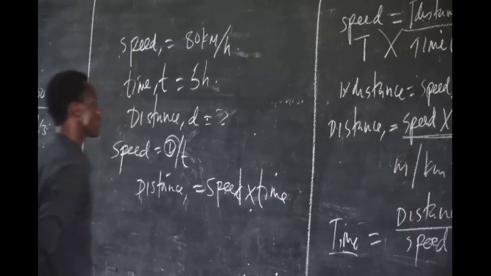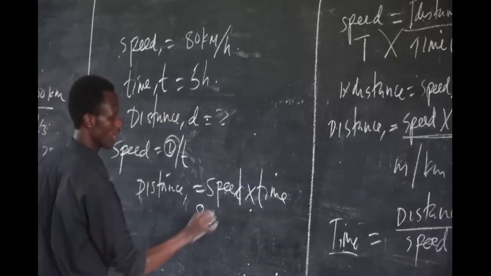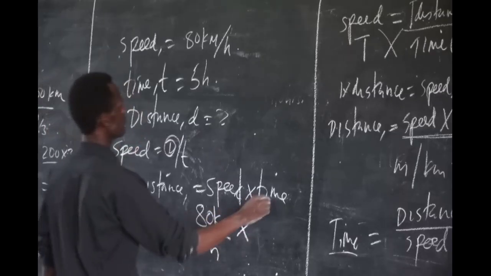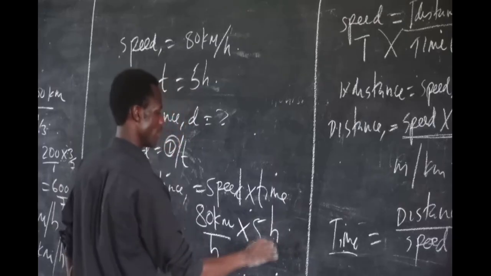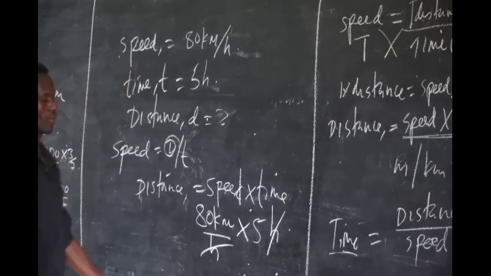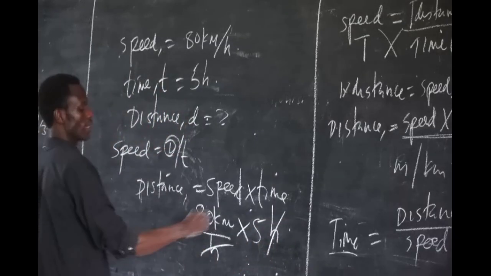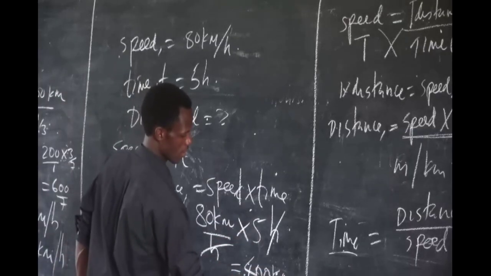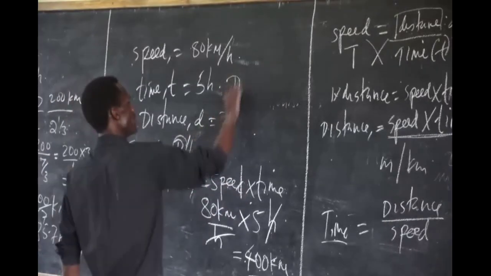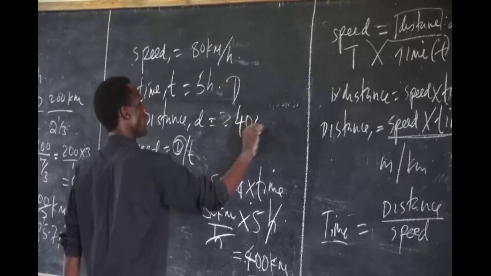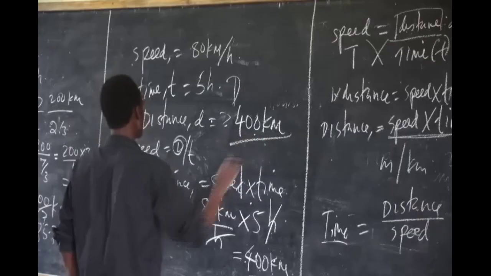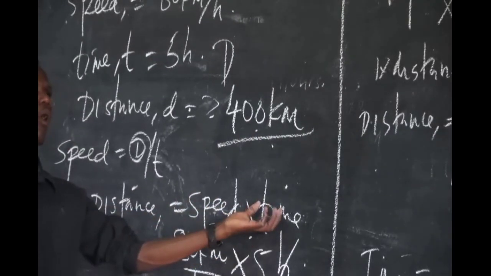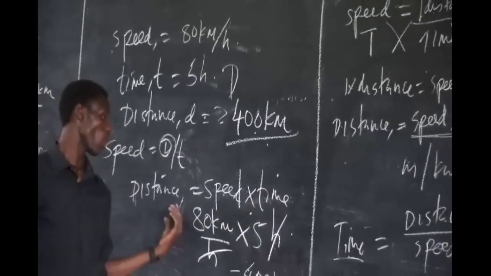Now when you look at this, speed is equal to 80 kilometers per hour times time, 5 hours. Now hour cancels hour, which just gives the answer. Now it is 80 times 5, which is equal to 400 kilometers. Now, therefore, the distance now is equal to 400 kilometers. And therefore, we have got the distance after taking speed times time. Now, speed times time is equal to what we call distance.